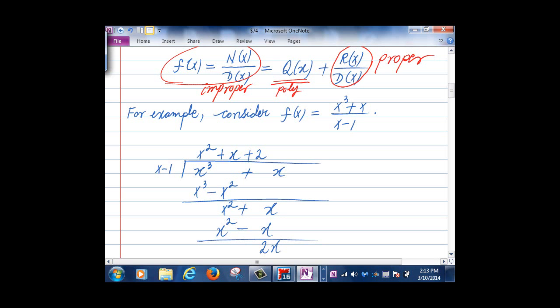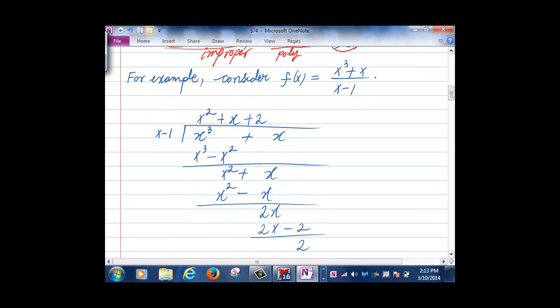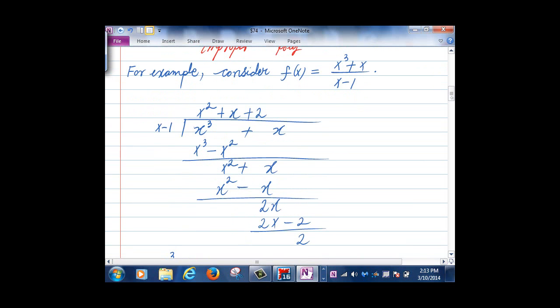So that r is right here. The q is the quotient, r is the remainder, and then I can express the fraction in this way.